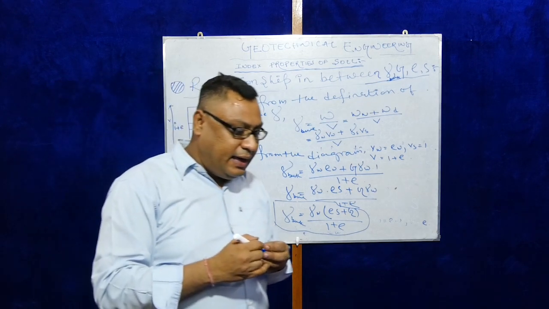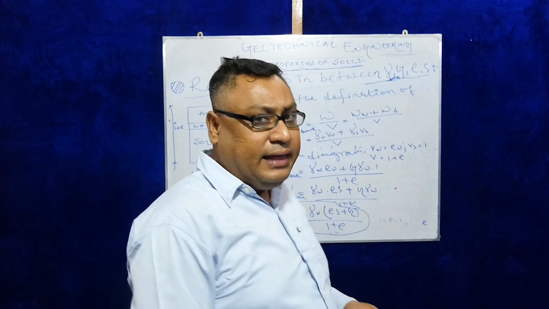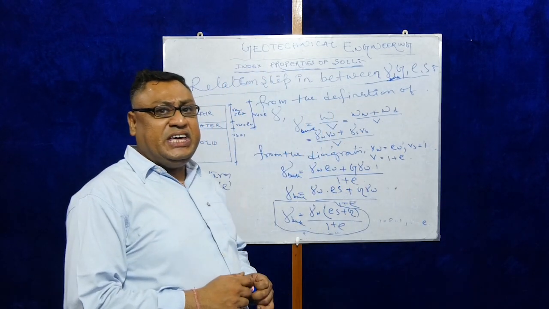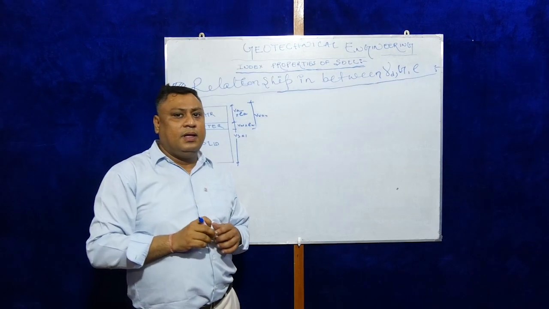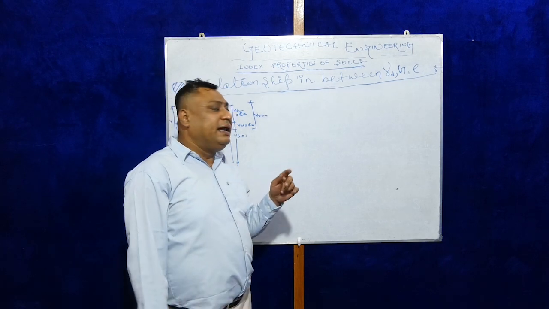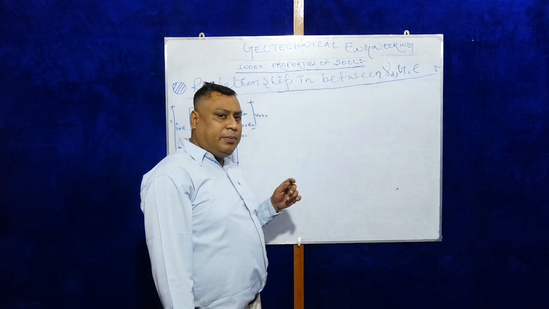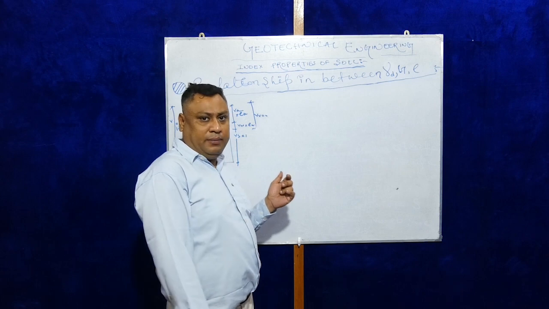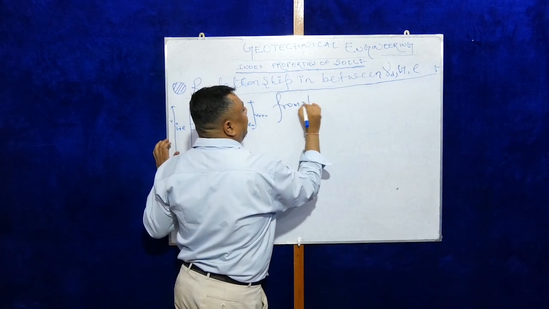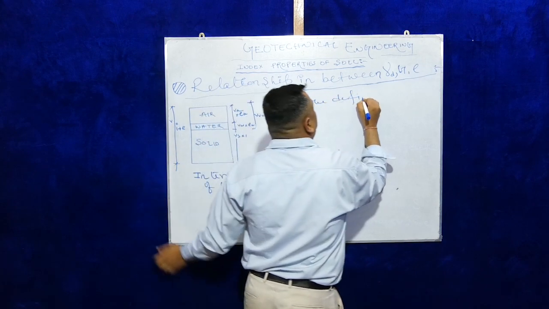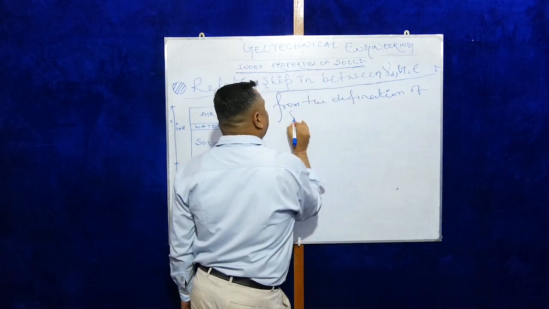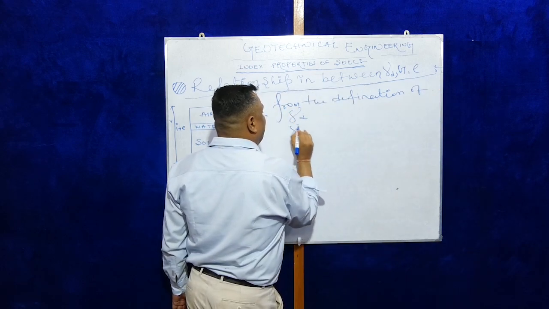Now, the next topic is establishing the relationship between gamma D, G and E. The next topic is the relationship between gamma D, that is dry unit weight, specific gravity and void ratio of soil. Same as here, from the definition of dry unit weight, what is dry unit weight?